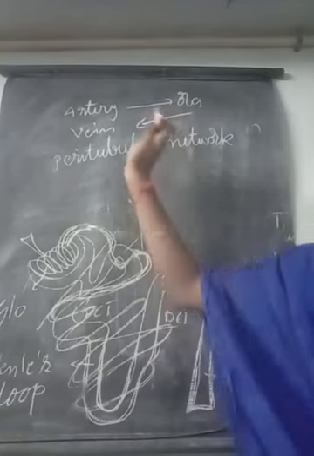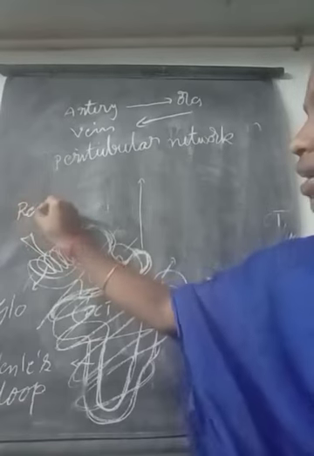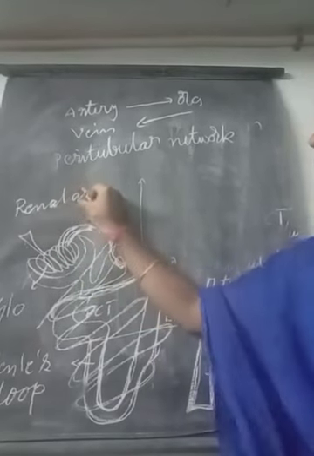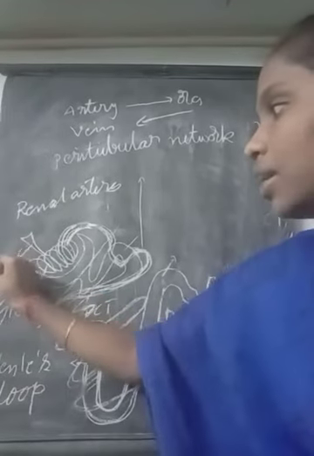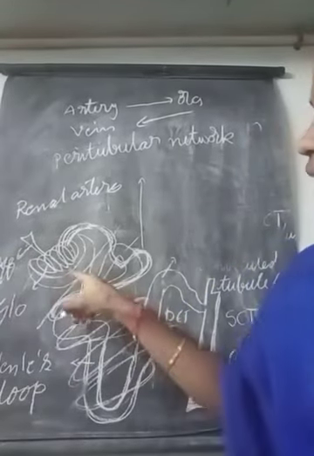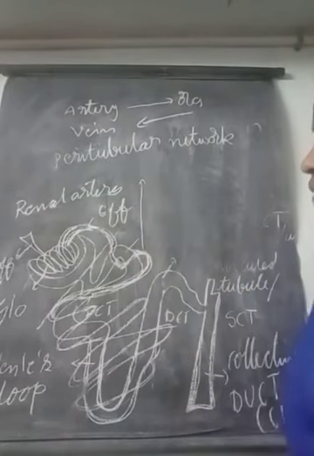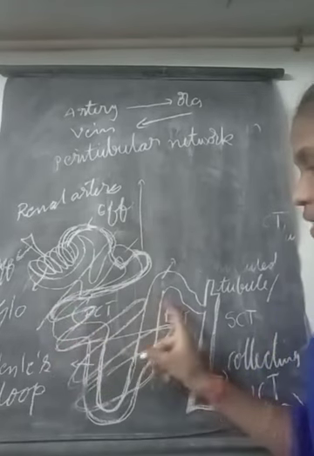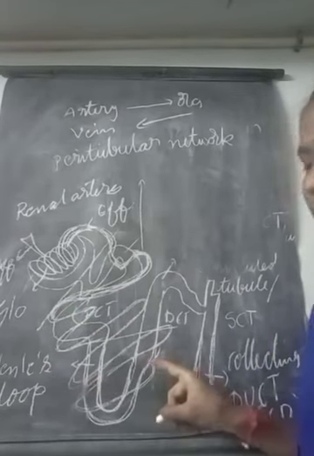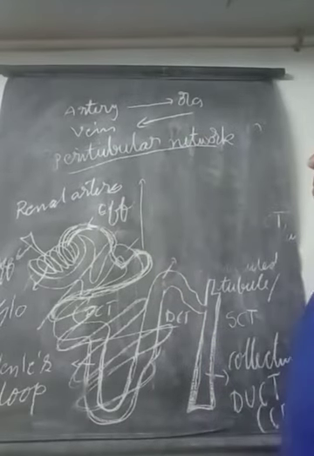See, the renal artery enters into the Bowman's capsule as afferent arteriole and leaves the Bowman's capsule as efferent arteriole. That efferent arteriole forms a network around the nephron. What is that network name?